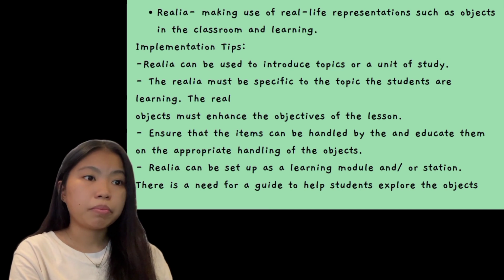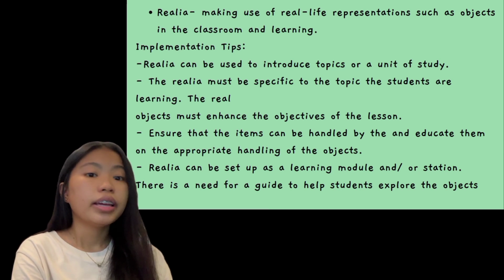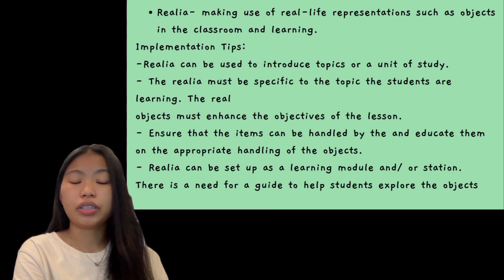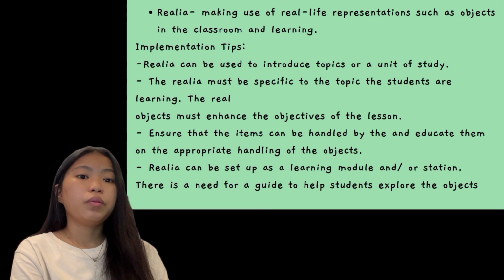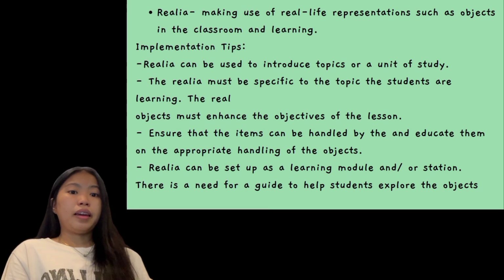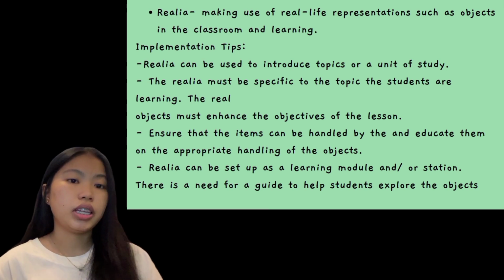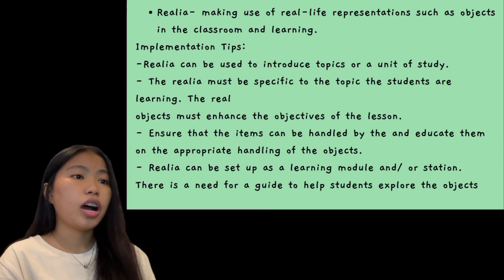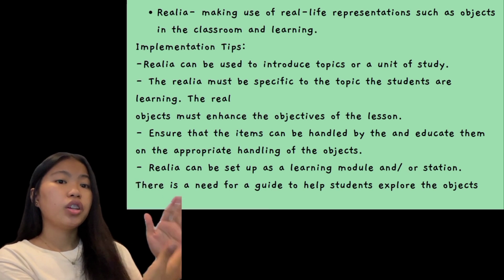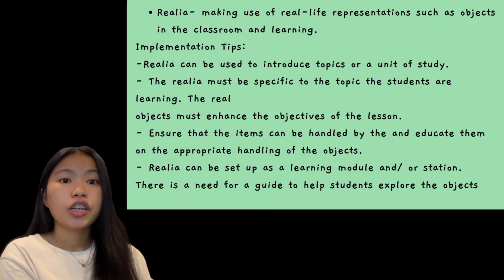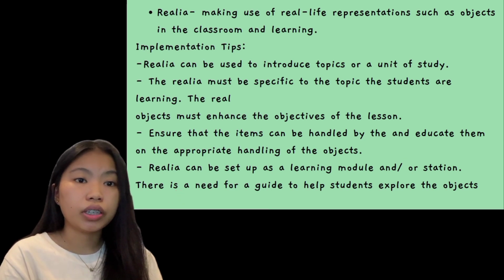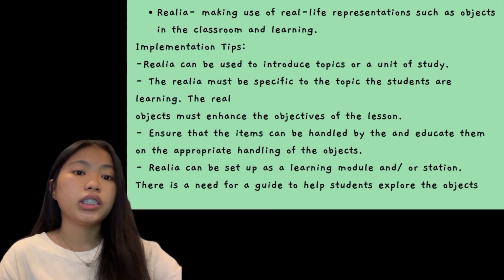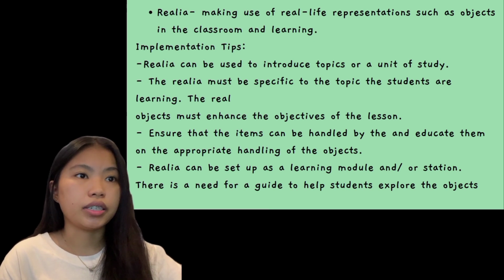Realia can be set up as a learning module or a station. There is a need for a guide to help students explore the object. So we need to give them the proper way to learn and understand the presented object or realia for their learning process.